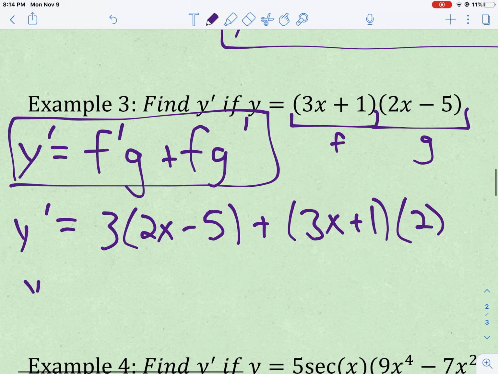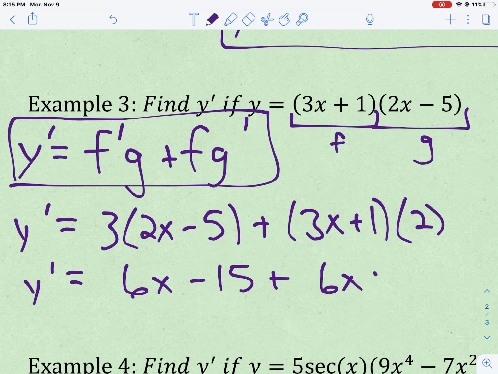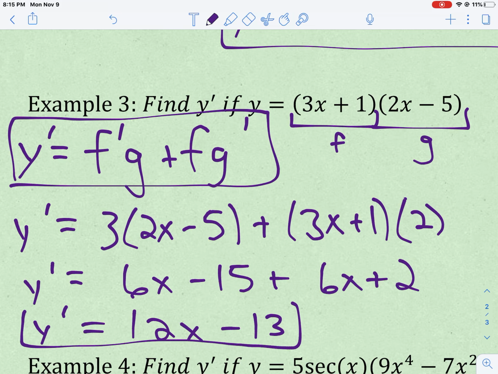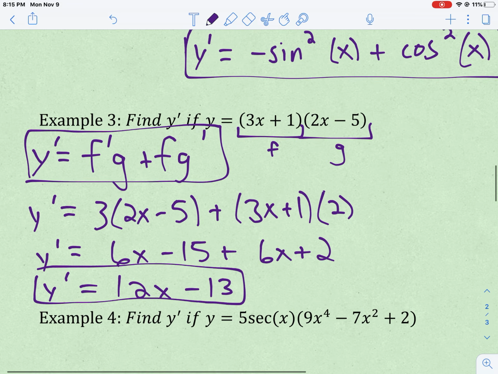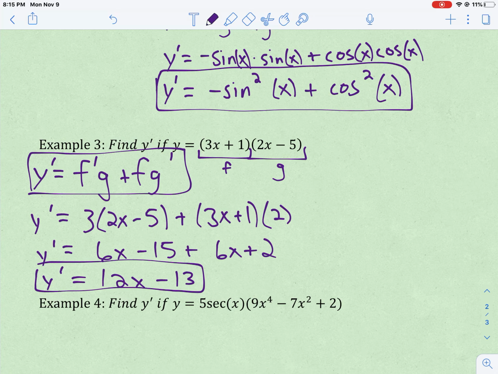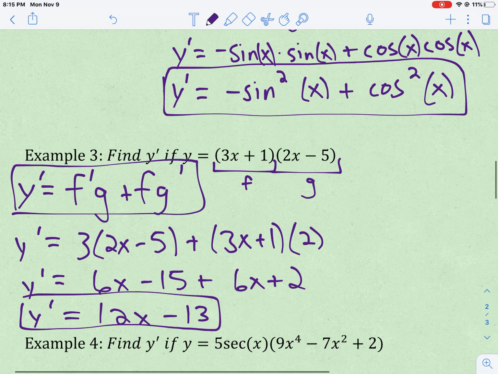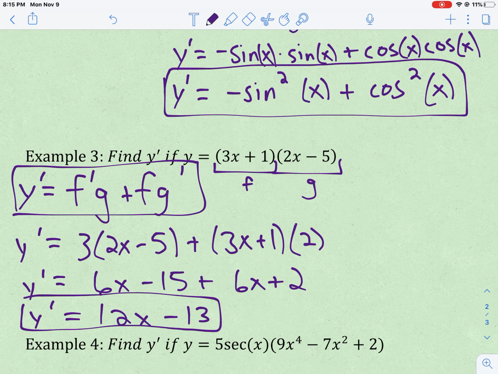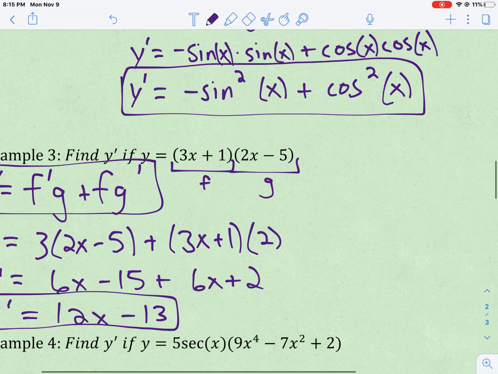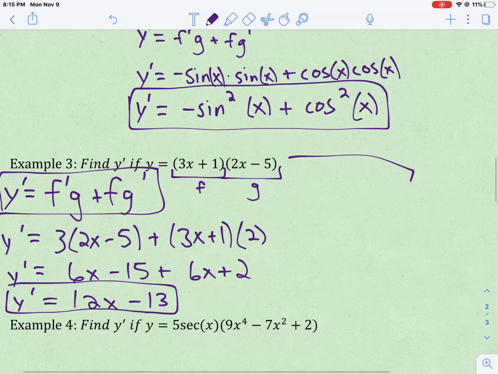It'll help me remember it. So I get 6x minus 15 plus 6x plus 2. And that gives me 12x minus 13. And that's my derivative. Now, if you remember from Friday's Edpuzzle, this is actually an example of a problem you could FOIL, right?